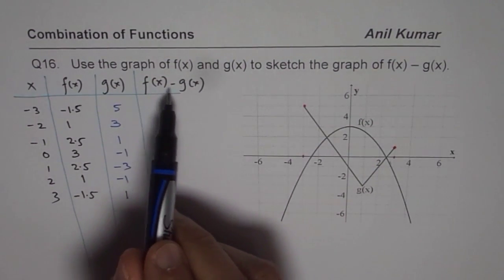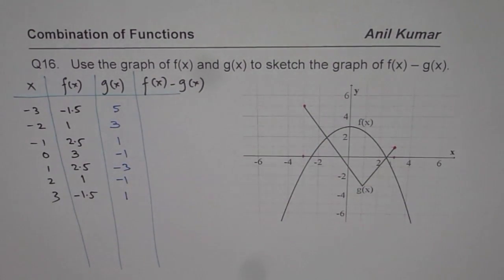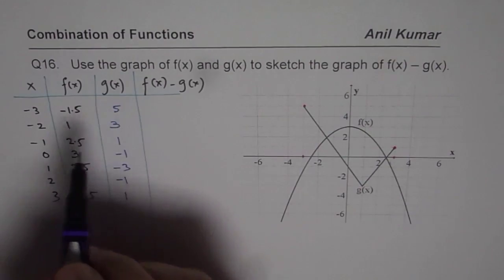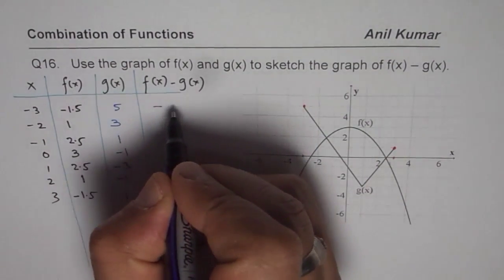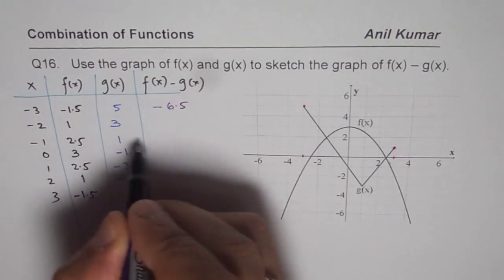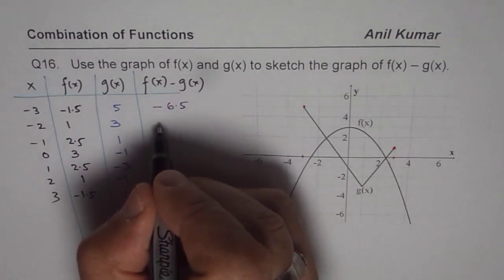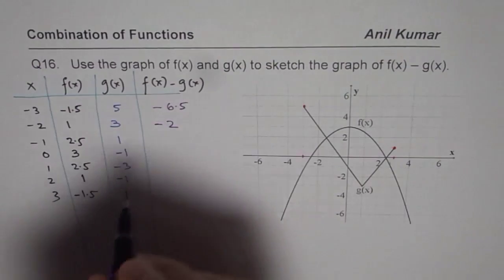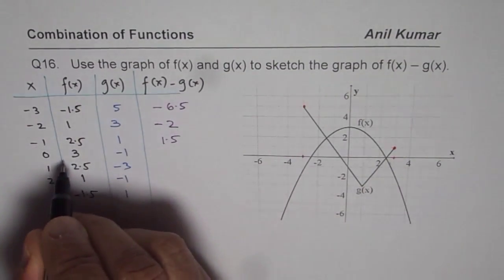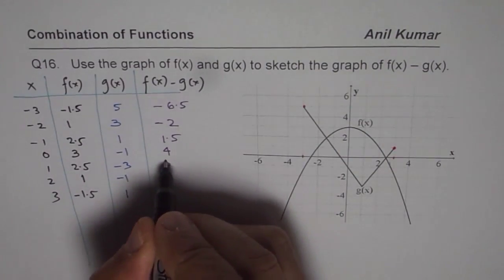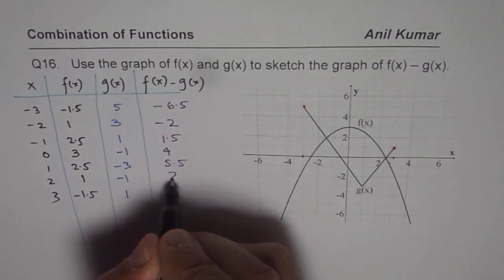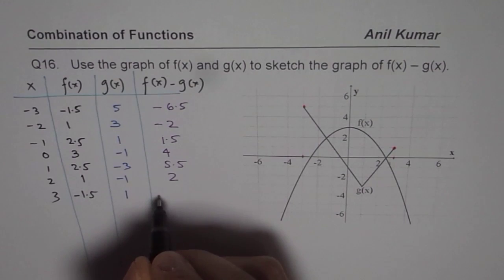Now you can do f minus g, right? So you can subtract the functions and write down the values. When you do f of x minus g of x, this becomes minus 6.5. You can use a calculator. Now this minus this gives you minus 2. That minus this gives 1.5. 3 minus that becomes 4. It gets added up, 5.5, that gets added up, and this also gets added up.